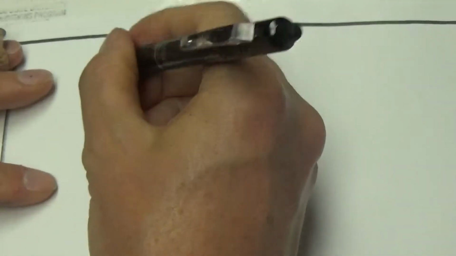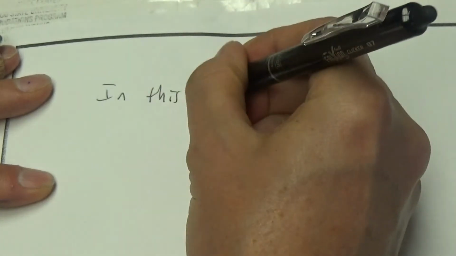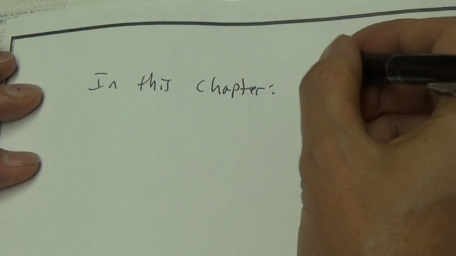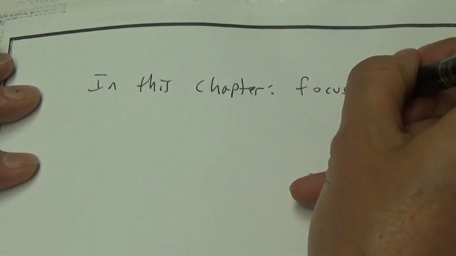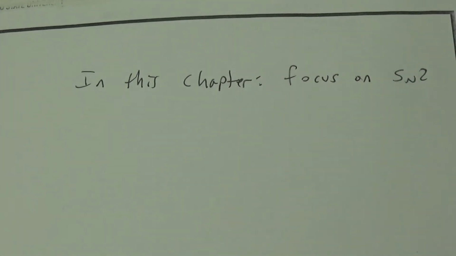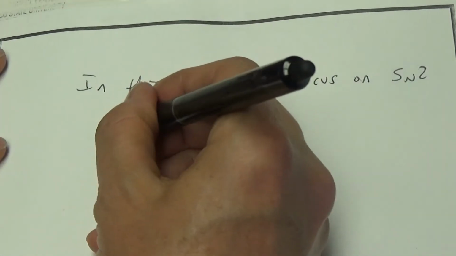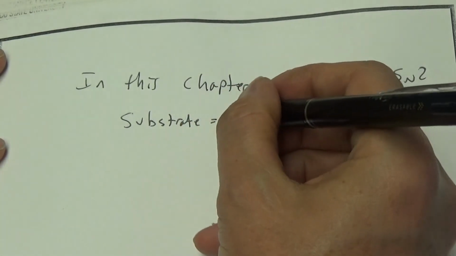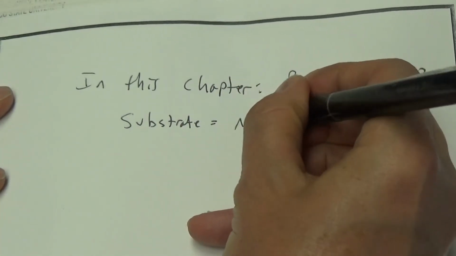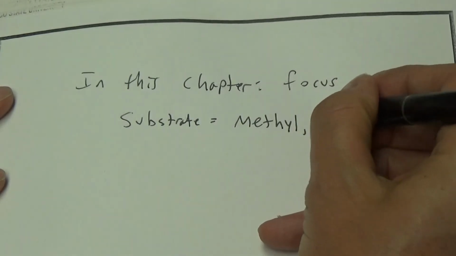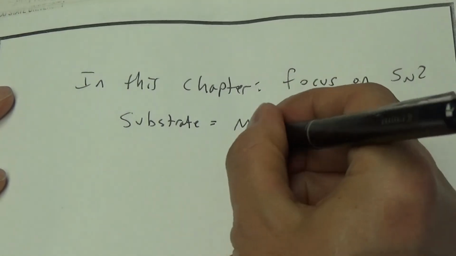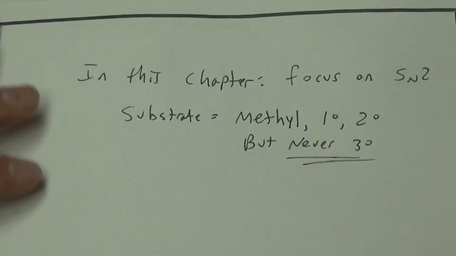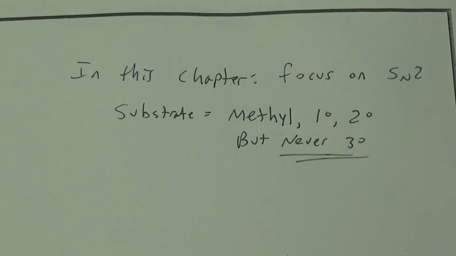And so in this chapter, we're really going to focus on SN2. And the big thing about SN2 is that the substrate is either going to be methyl, like CH3, it's going to be primary, or it's going to be secondary, but never, ever, ever tertiary. Tertiary will never undergo SN2. Okay?